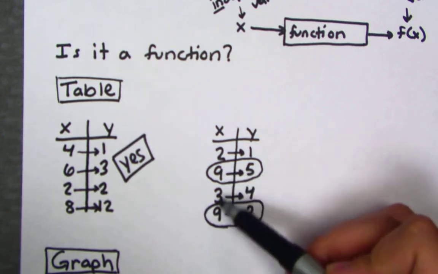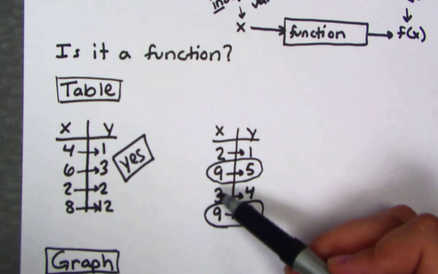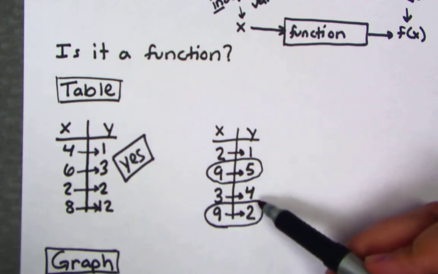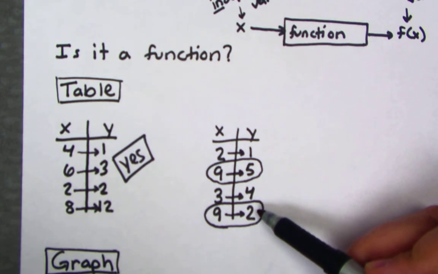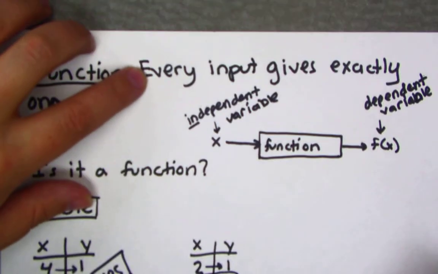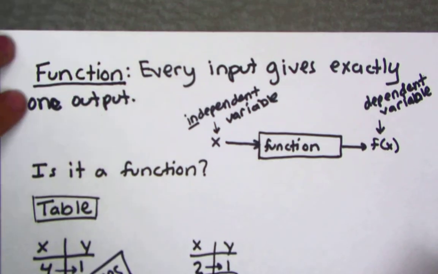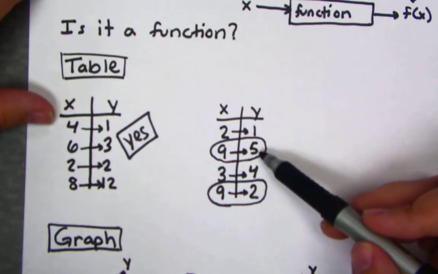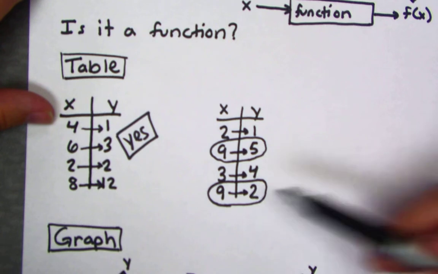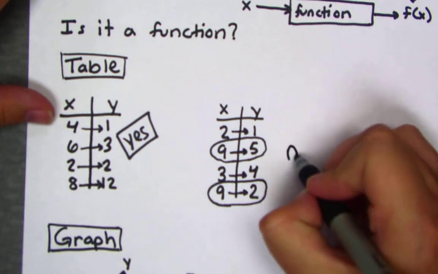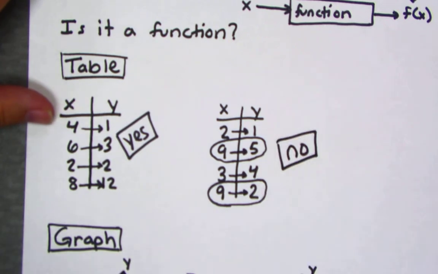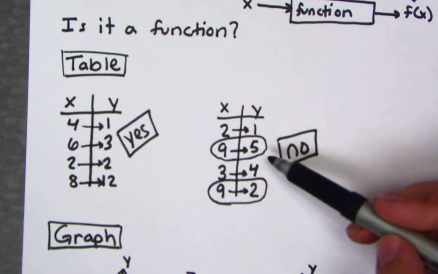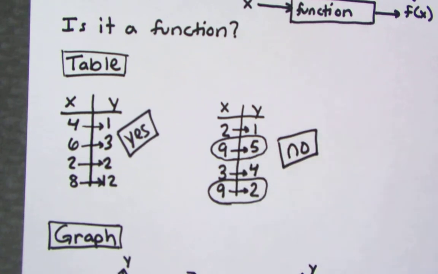So we have one input value, 9, that's producing two different outputs. In order to be a function, every input has to give exactly one output. But here, 9 is giving 5, and it's giving a 2. So this is not a function. We have one input, 9, giving two different outputs.